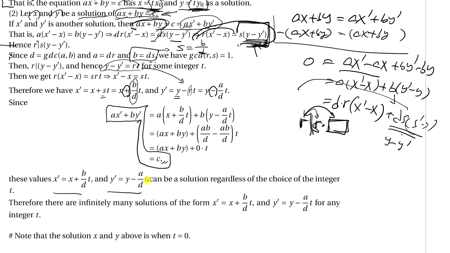But now in this case, what was t? It is just some integer. We didn't put any condition on t. The only condition for t is that it is an integer, which means t could be 0, 1, 2, 3, and even negative 1, negative 2, negative 3, right? So any integer could be that t.